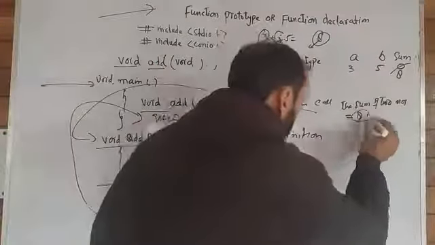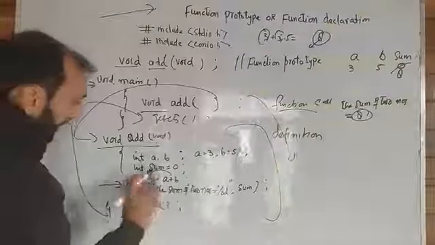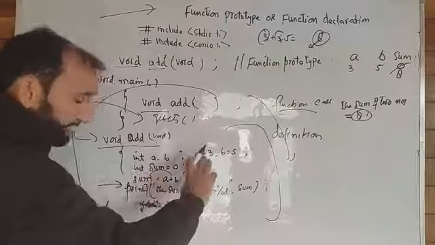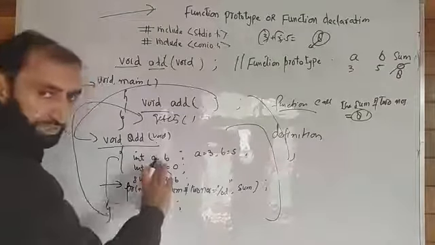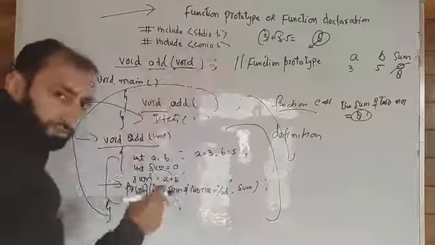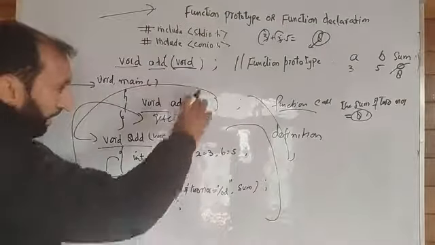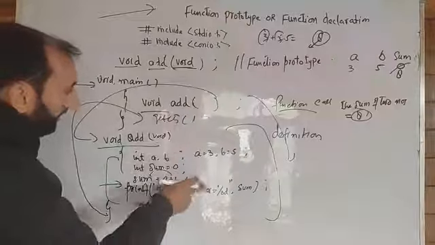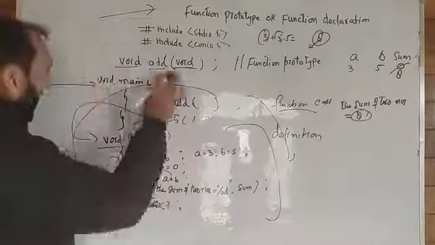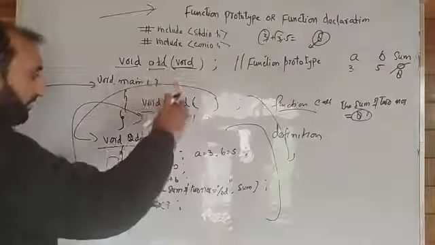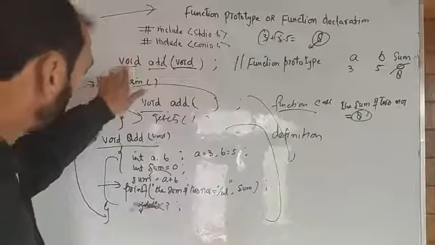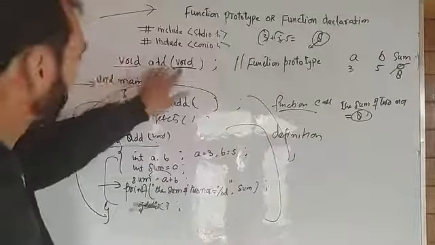That means this function returns nothing, because no arguments have been passed from the calling function to the called function, and there is no return type, meaning nothing has been returned to the calling function.